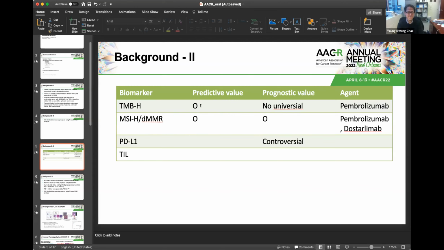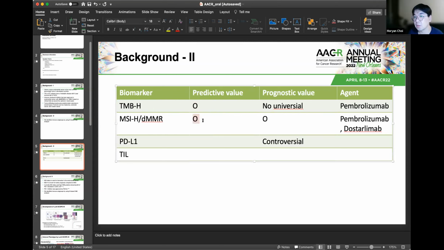I think we can call it a predictive biomarker. But regarding the prognostic value, there's no universal consensus about the TMB high group.